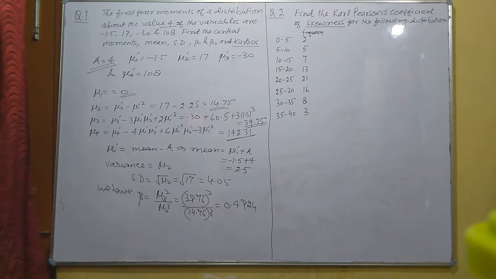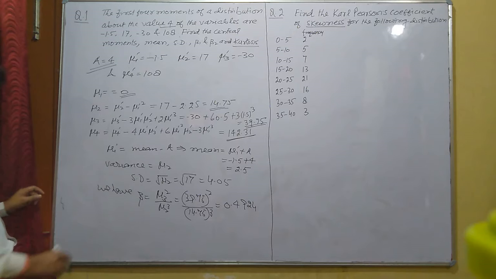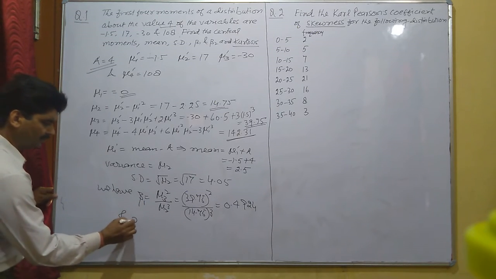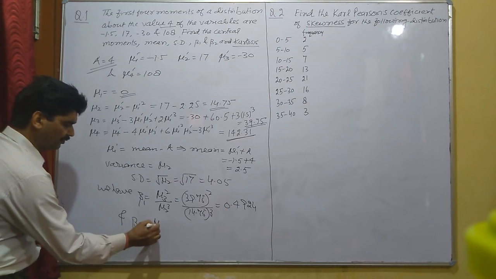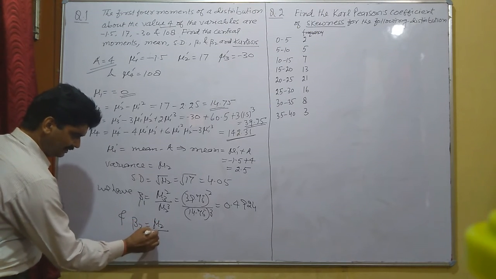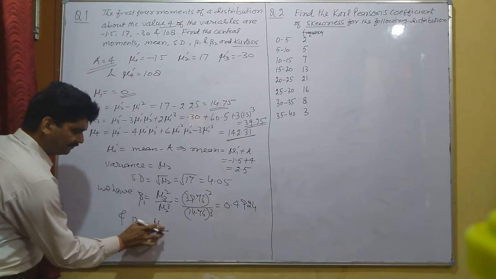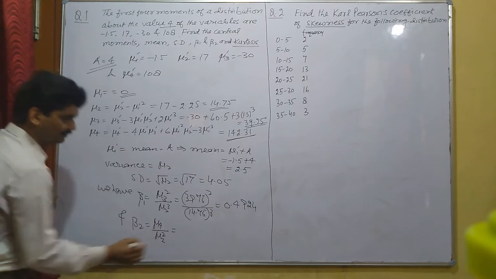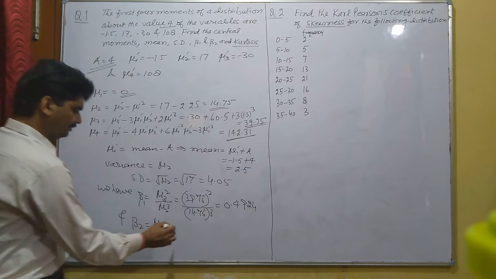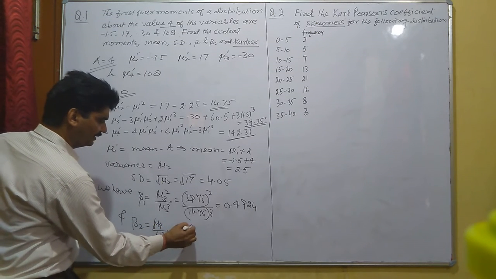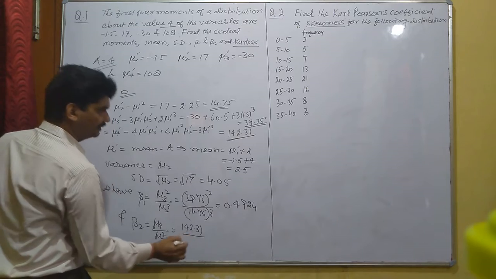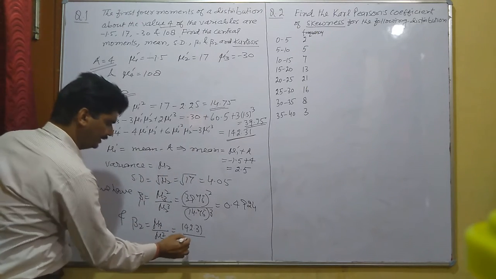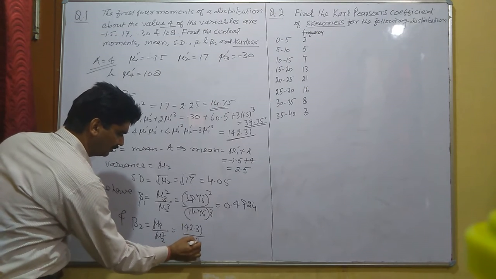Similarly, beta 2 equals mu4 upon mu2 square. Mu4 is 142.31 upon mu2 square, that is 14.75 square.